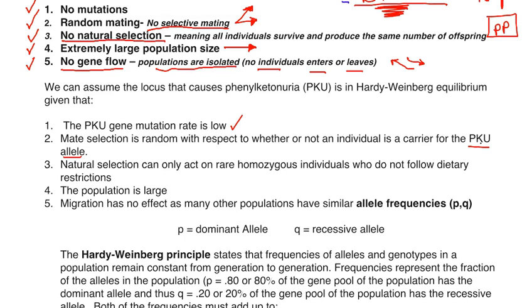So there's no real selective mating going on. Natural selection only occurs in a rare homozygous individual who are not following dietary restrictions or not following the doctor's orders. Okay, population is large, we explained that, and migration really has no effect because most other populations, most other humans have similar allele frequencies. So we can make that assumption here.